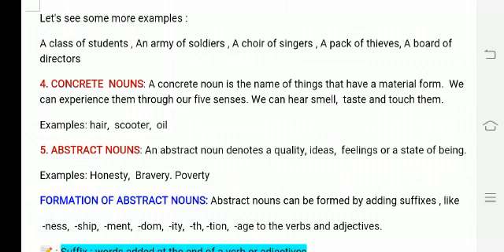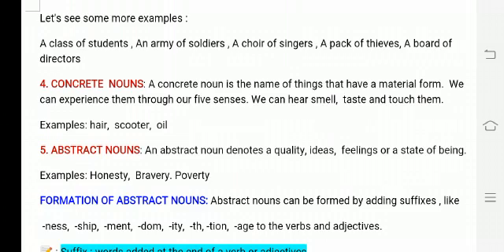An abstract noun denotes a quality, idea, feeling or a state of being. An abstract noun does not have a material form. We cannot see, hear, smell, touch or taste them. For example, honesty, bravery, poverty, etc.